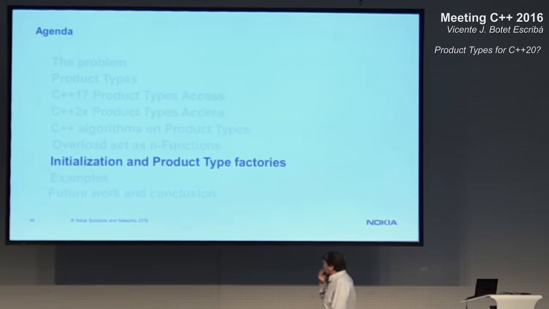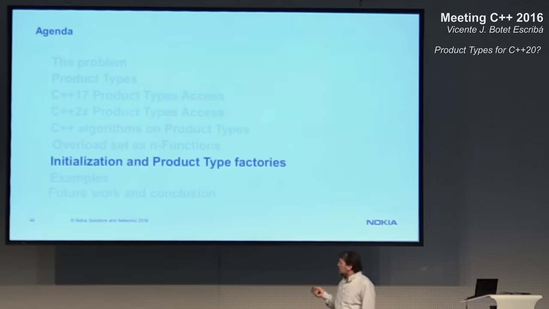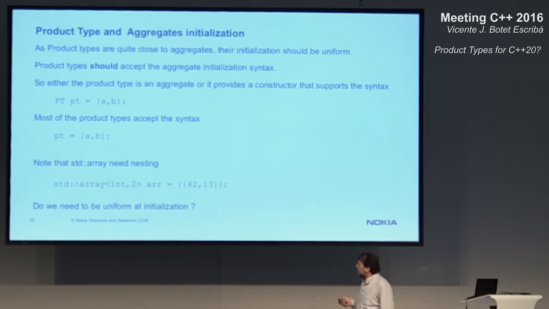Okay, we have talked up to now about access, but we also want to have a coherent initialization and construction of product types. Aggregates and product types are very close, I would say.